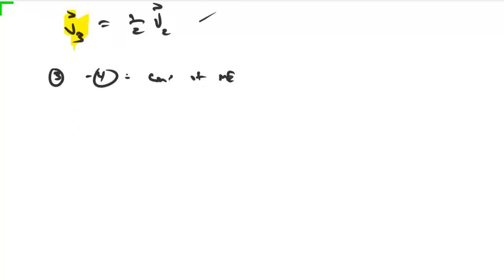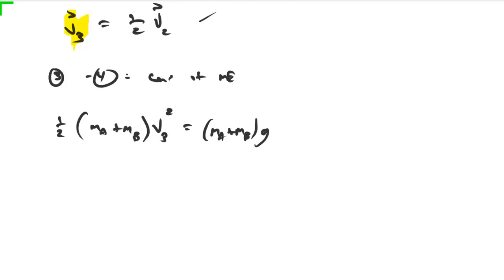And so we say here, now it was moving, right? It's moving at state 3. It's going to be at rest at state 4. So we have here 1/2 of the mass, now I'll write it as mass A plus mass B, times V3 squared is equal to mgh, but m is mass A plus mass B, times g times, call it height 4.